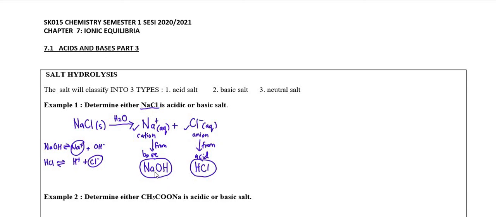So after you choose a suitable base and suitable acid that produce both cation and anions, you have to classify either, okay, this base is weak or strong base. Sodium hydroxide is metal hydroxide, so it is strong base.